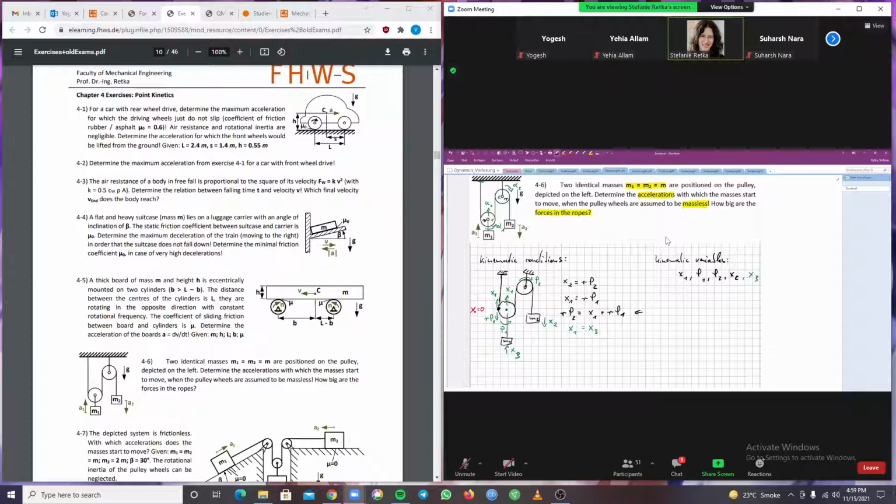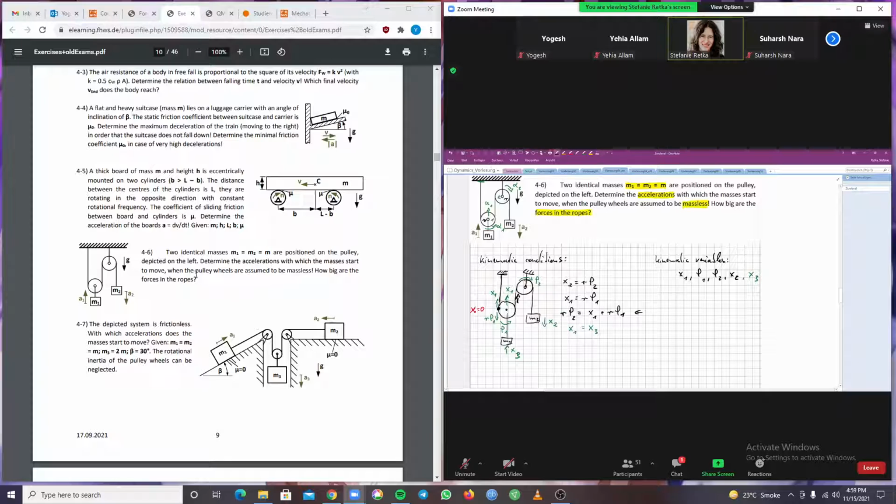So how much rope moves upwards between these 2 pulleys? Well, this consists of 2 components. We have the translational motion of pulley 1, since it moves upwards. So this is x1. And we have the rotational motion of pulley 1 due to the rotation, so there's also rope moving upwards. Then we have to add these 2 components to obtain the absolute motion of pulley 1 and of the rope moving over pulley 1. And that's why it's x1 plus r times phi 1.